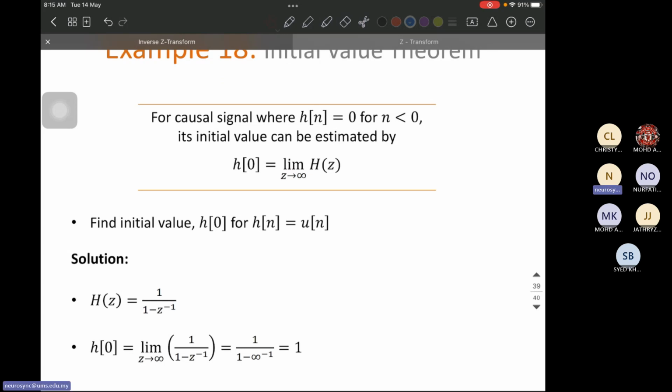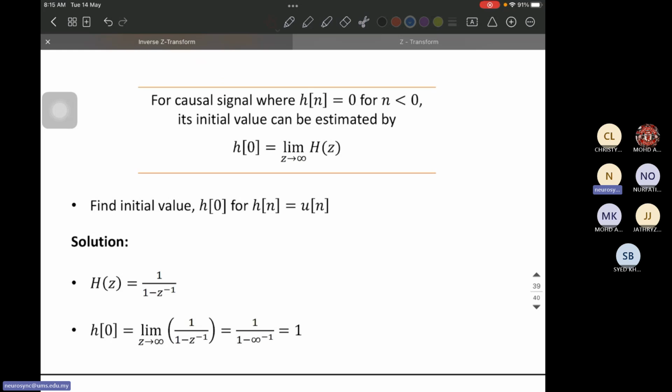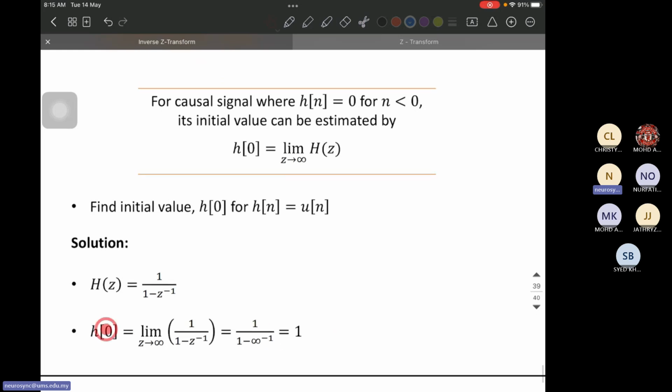Now if I put the limit z tends to infinity, this is 1 by 1. So the initial value h of 0 will be equal to 1. So this is the initial value theorem.